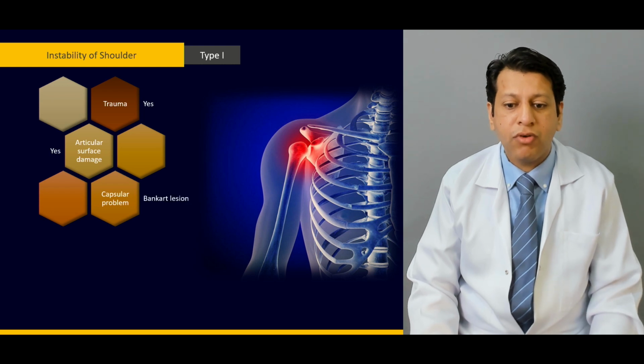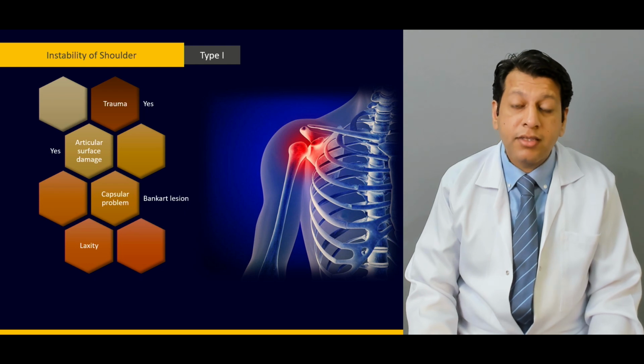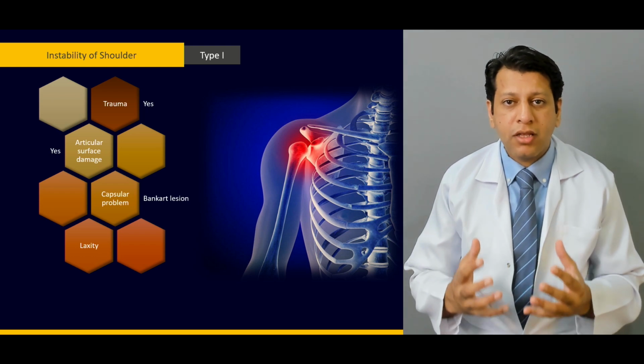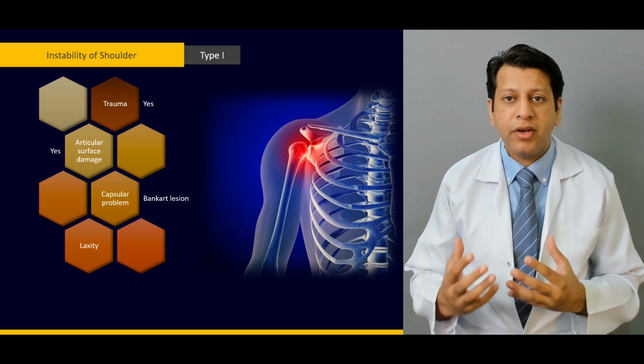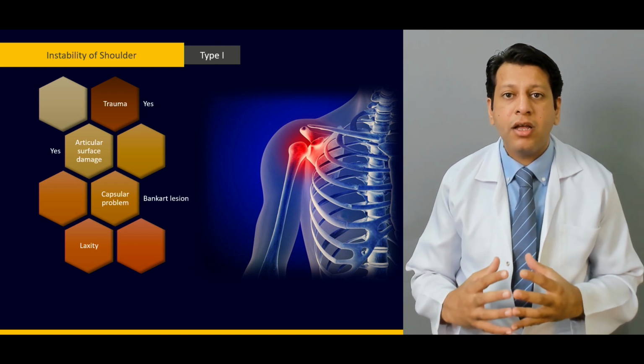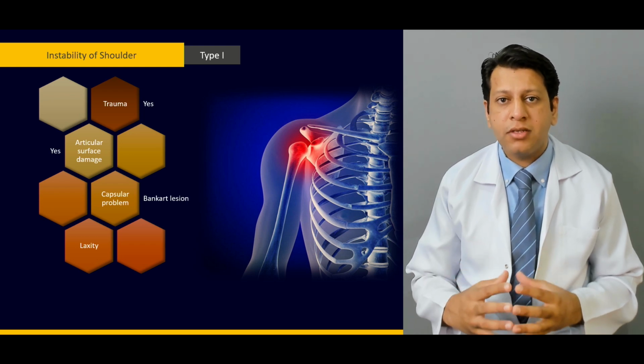When you have a capsular problem or a Bankart lesion, it produces laxity. How would it produce laxity? Despite closed reduction, there may not be adequate fibrosis of the joint, and it has resulted in a large globular kind of labrum as well as capsule.